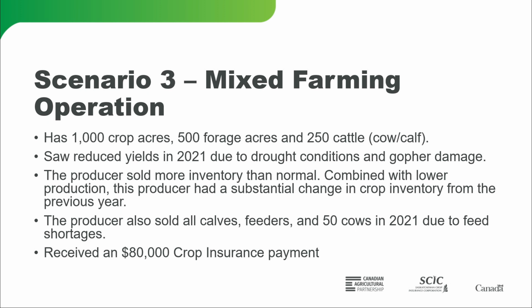He sold more inventory than normal, so that combined with the lower production, he had a substantial change in crop inventory valuation from the previous year. He sold all of his calves and feeders, and he also decreased his herd size and sold 50 cows in 2021. He was short of feed and had to decrease that herd size. He also received an $80,000 crop insurance payment.